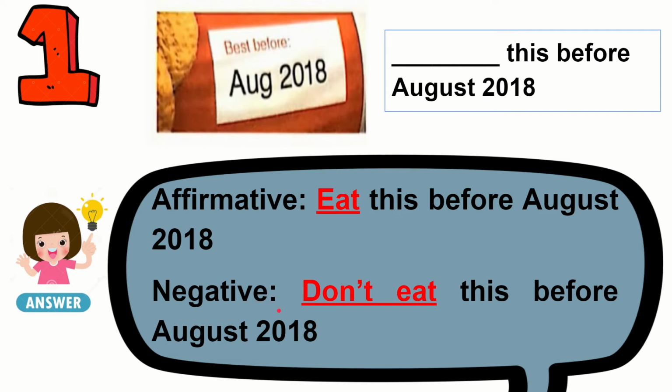In the negative form, don't eat this before August 2018. The picture here shows best before August 2018. So which one is the correct answer? Is it the affirmative or the negative? It is affirmative. Eat this before August 2018.